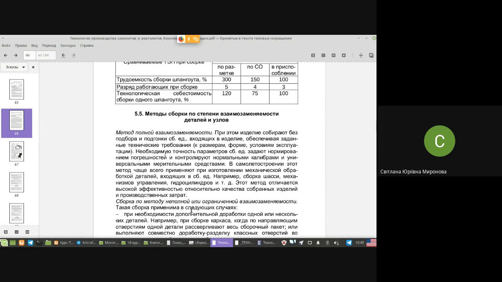What we understand as assembly method with full interchangeability providing. It's an assembly method which is based on using a system of fit and tolerances. What is a system of fit and tolerances? I hope you do remember.